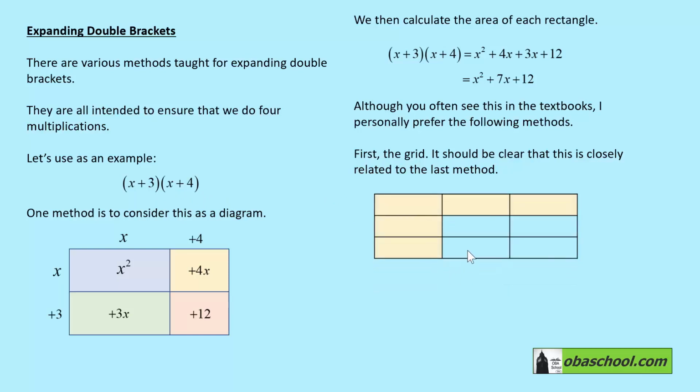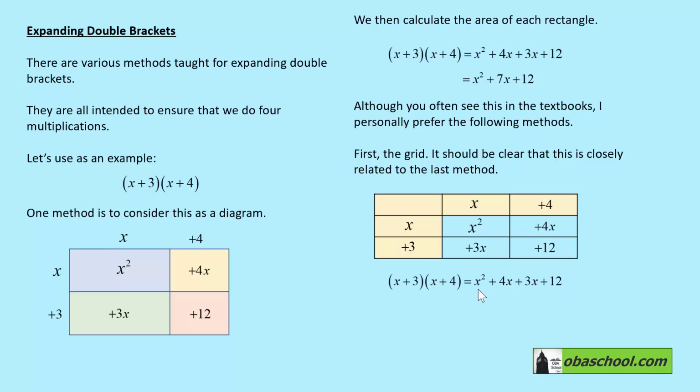So with the grid, we just put x and plus 4 up here, x and plus 3 down here, and then we just work out the multiplication in each box. So x times x is x squared, x times positive 4 is plus 4x, x times positive 3 is plus 3x, and positive 3 times positive 4 is positive 12.